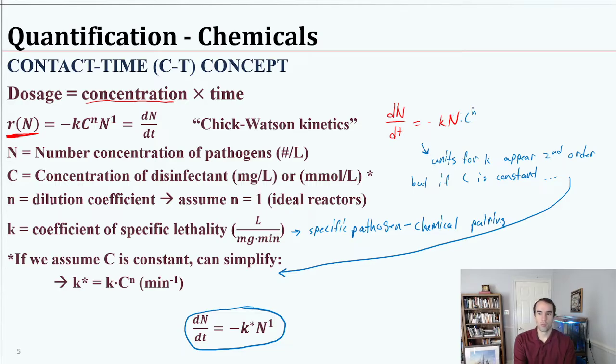So the things to keep separate here for disinfection problems then are making sure you understand this relationship, this assumption that if the chlorine concentration is kept constant, then that's the way it works, and keeping the units straight in your mind. Okay, otherwise it's pretty much the same as we have already learned and done.